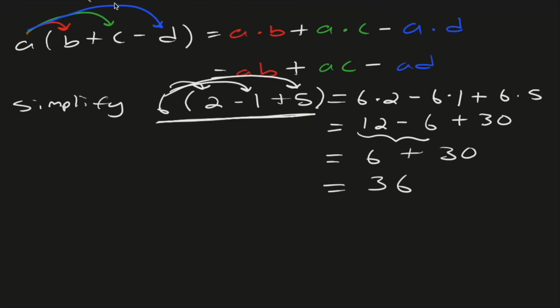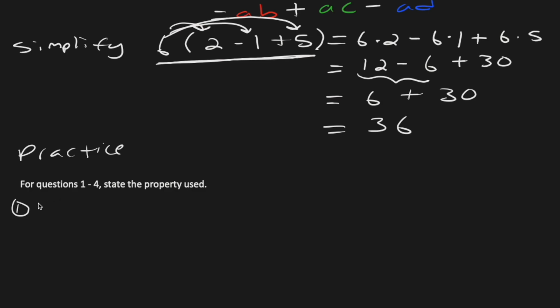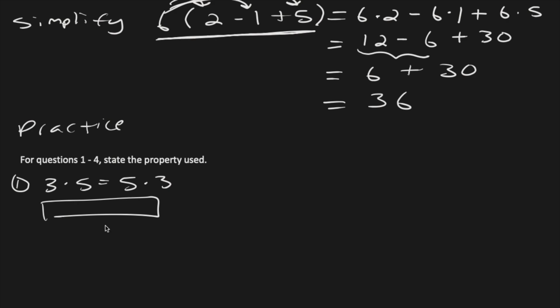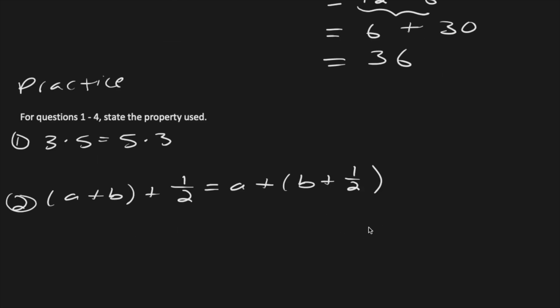So why don't we do some practice? And I'll provide the answers, okay? For questions 1 through 4, state the property used. 1, 3 times 5 equals 5 times 3. Put your answer there. 2, a plus b in parentheses plus 1 over 2 is equal to a plus open parentheses b plus 1/2 close parentheses.